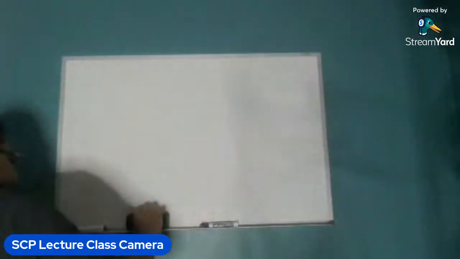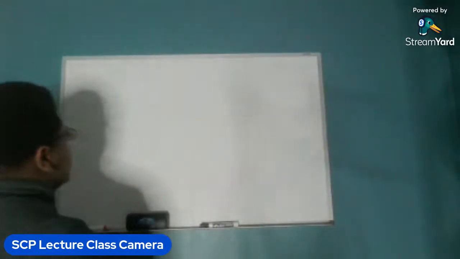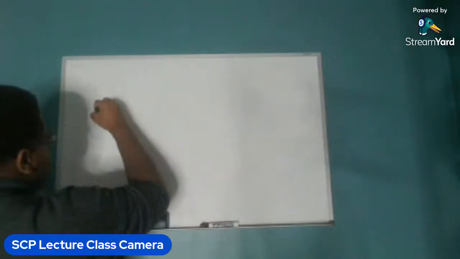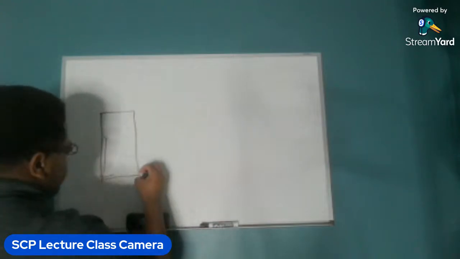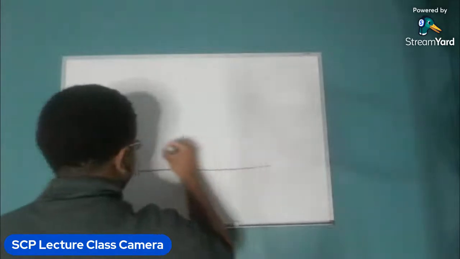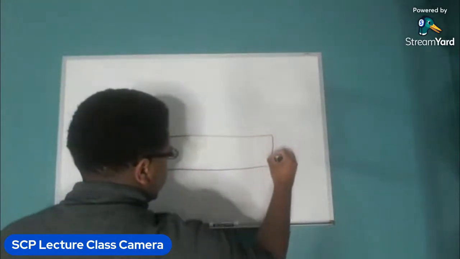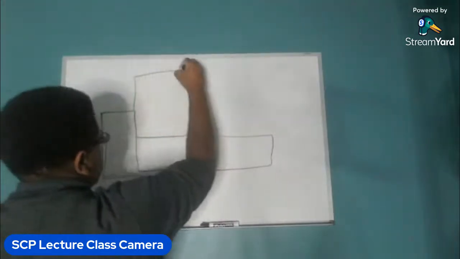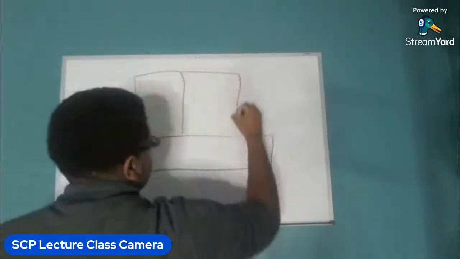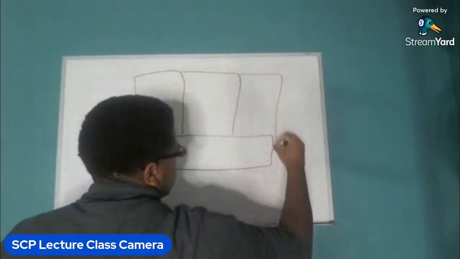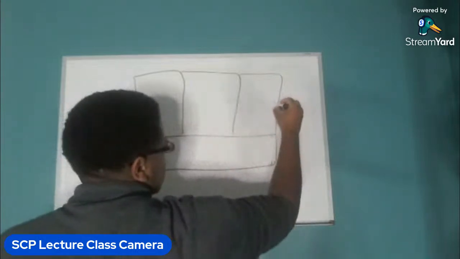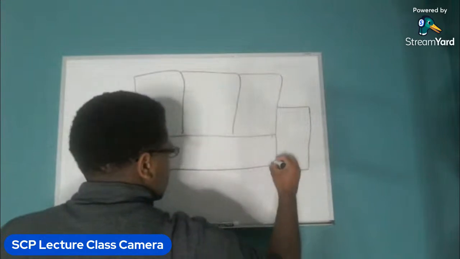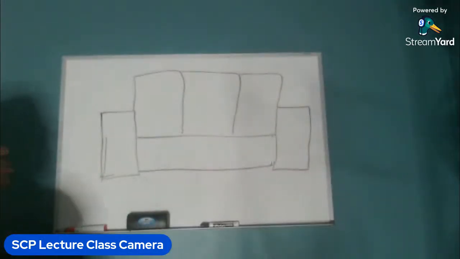Now I'm gonna use another SCP example. Let's say you have a couch. So here goes the rim. Here goes the seating or whatever. So here's your couch, right?